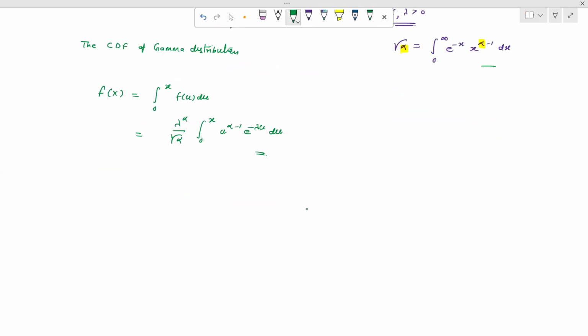After writing the PDF and CDF of gamma distribution, we remember one important note: where do we use this distribution? What are the applications of this distribution?